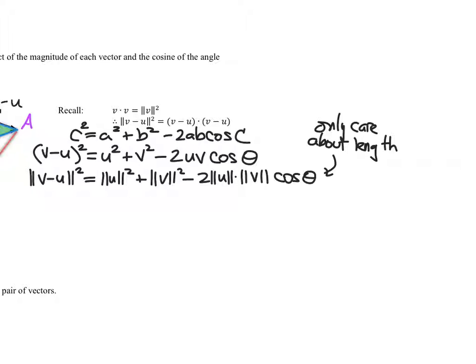Now, on the left-hand side, we have the V minus U magnitude squared, but we also have a nice little relationship that we played around with on the previous page, and that is that the magnitude of V minus U squared is the same as the dot product of V minus U with itself. So I could make that adjustment.